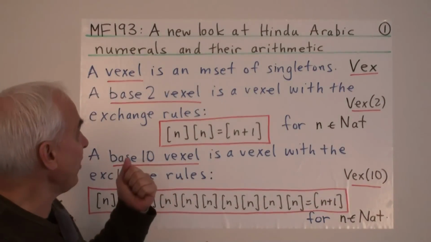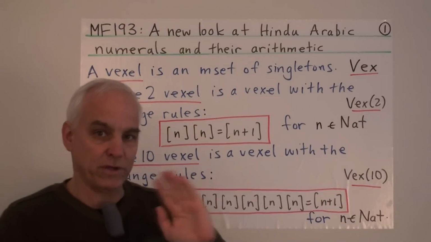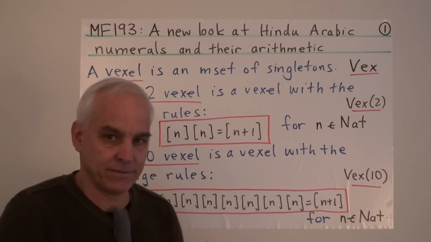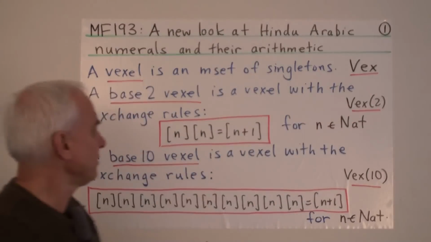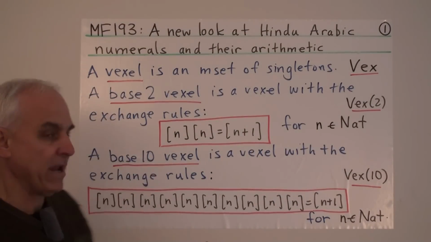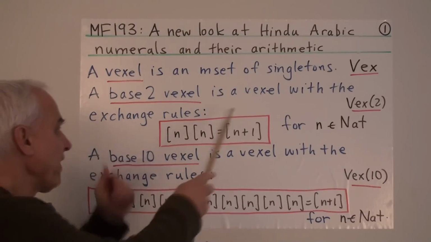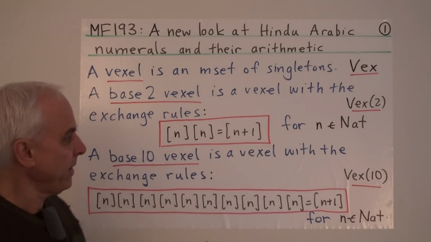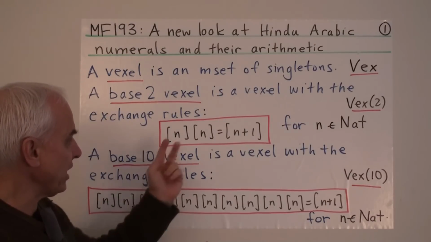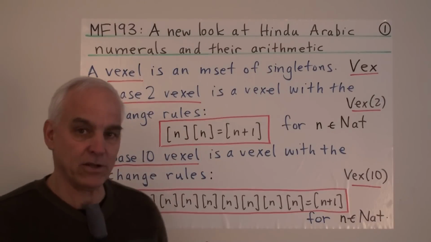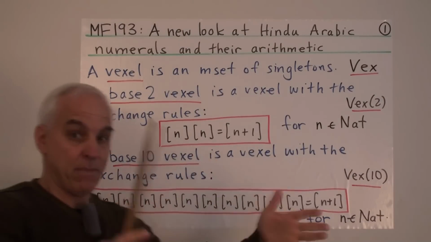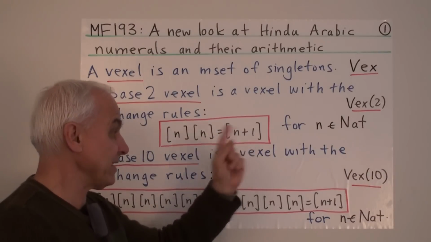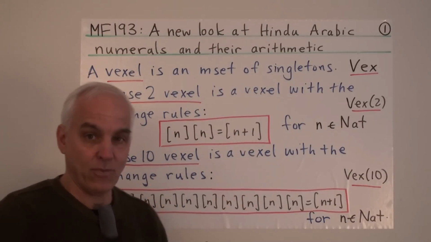Okay, so the setup is this, that we're starting with this vexil point of view. So a vexil is an M set of singletons with type vex. And then last time we talked about base 2 vexils. These are vexils together with an additional exchange rule. The exchange rule is such that if you have a pair of singletons n in a multiset, then you are allowed to exchange them for a single singleton of n plus 1.